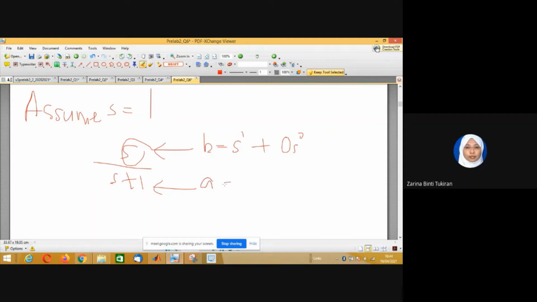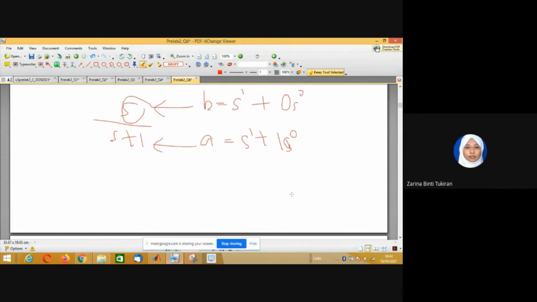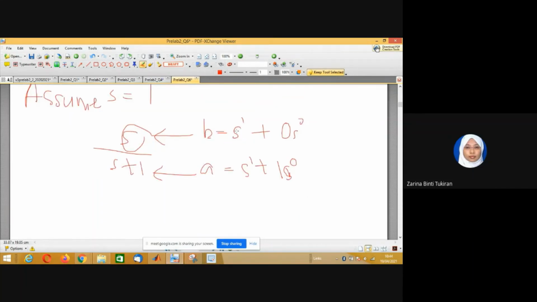Okay, A here is S1 plus 1, S power of 0. Based on this, if the value of S is 1, then 1 power of 1 plus 0, S is 1 power of 0, so this is 1 and 0.